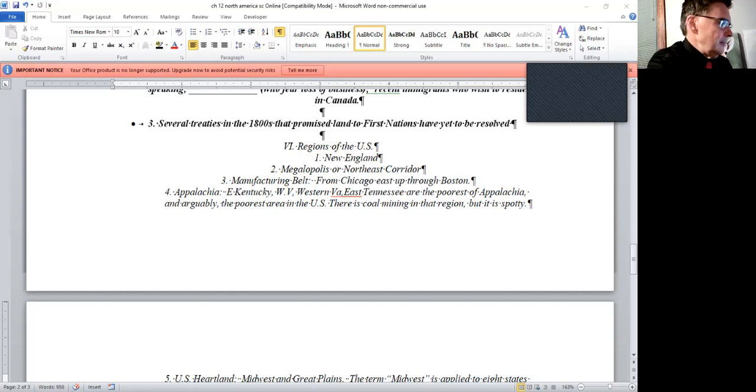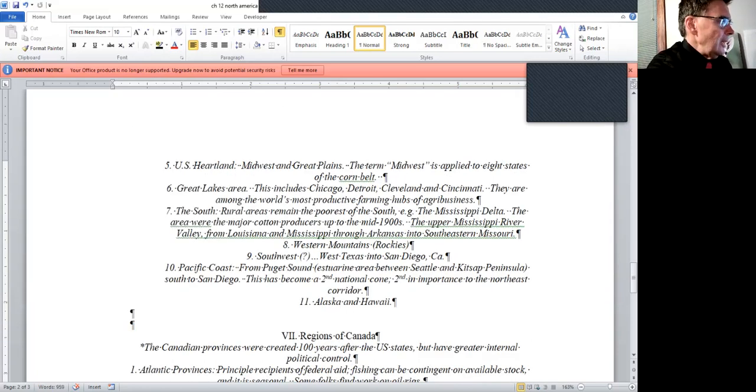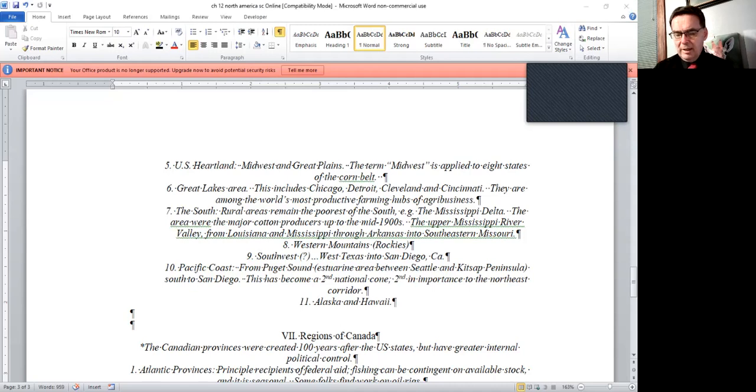The U.S. heartland. This is the Midwest and the Great Plains areas. The term Midwest is applied to 8 states of the Corn Belt. And you can see that on page 563 as well.